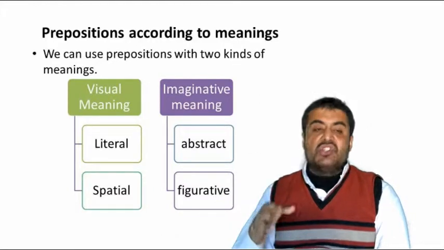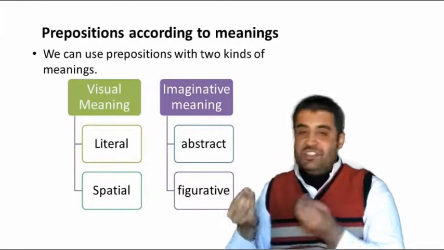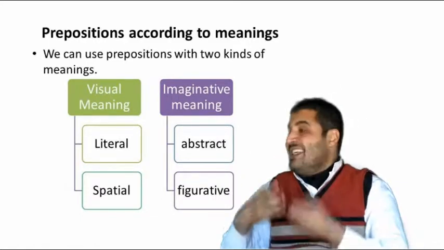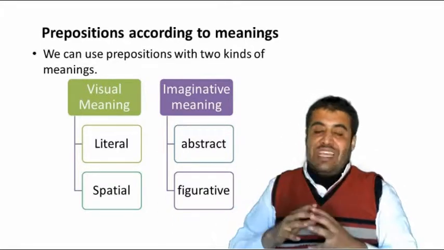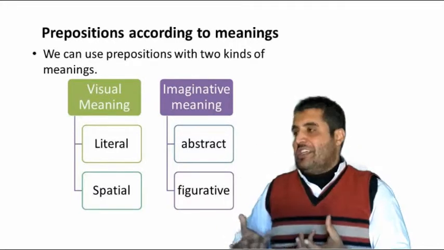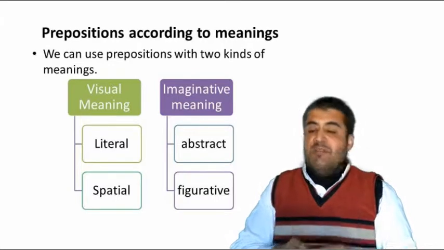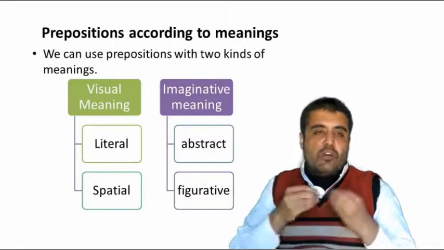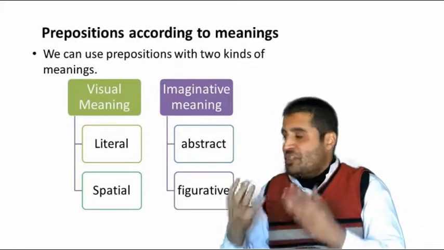When prepositions are used metaphorically, they don't show us real physical things. They don't show us tangible things. They can be used for abstract ideas or for abstract events. So when prepositions are used for abstract ideas, we can say they have been used with an imaginative meaning.